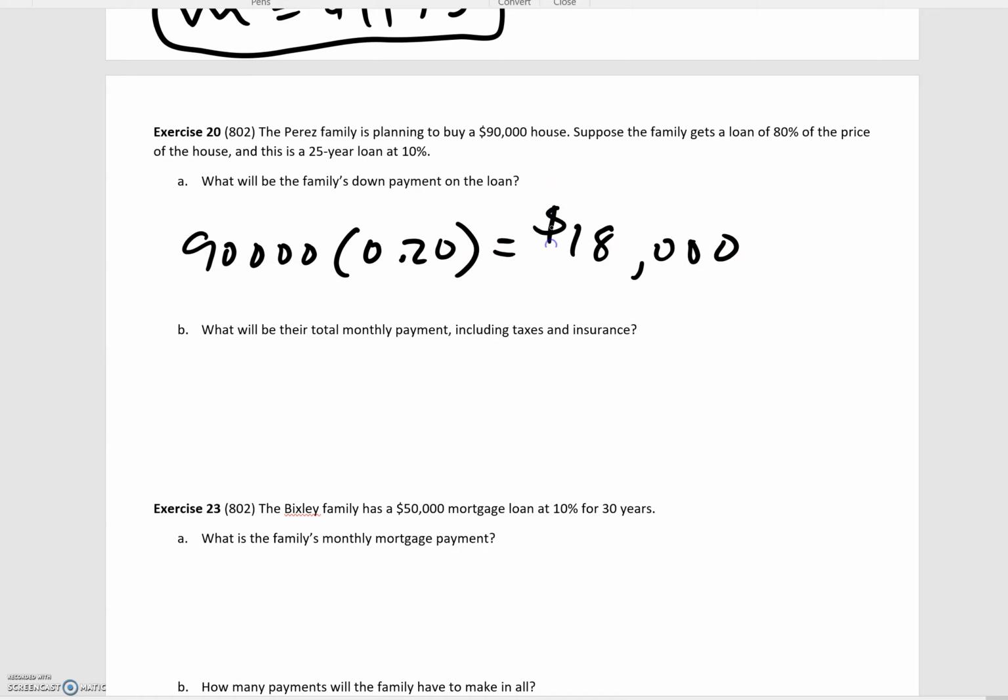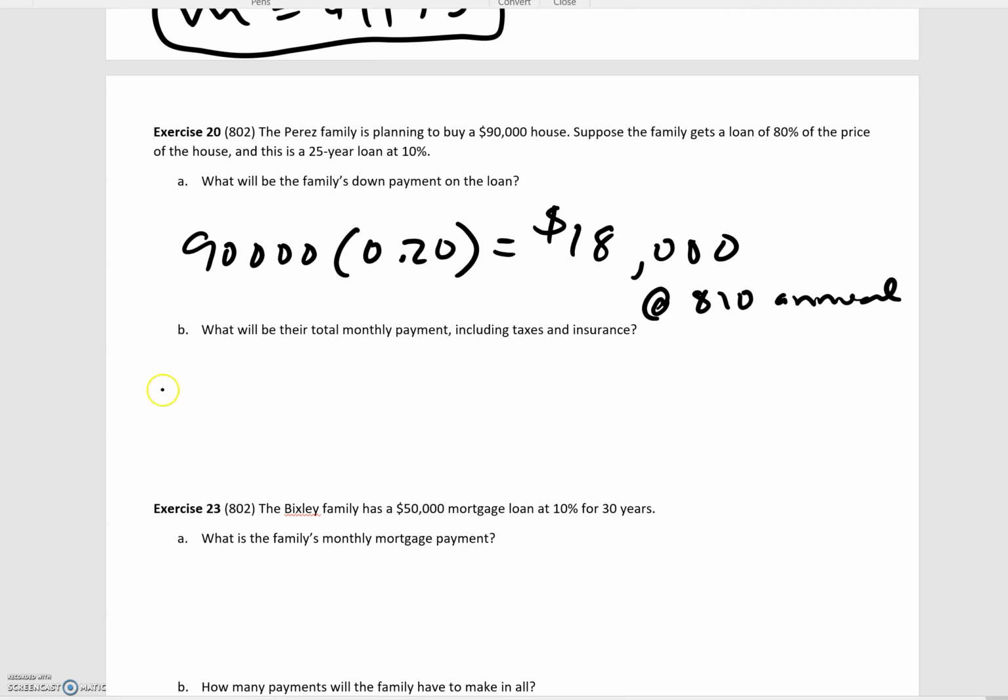This is coming from exercise 20 on page 802. And then the question is, what will their total monthly payment be, including taxes and insurance? According to the problem, it's $810 annually for taxes and insurance.